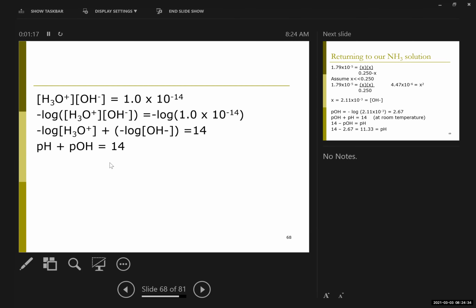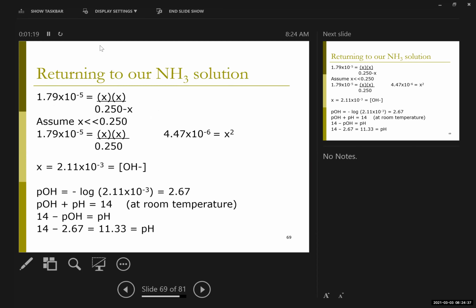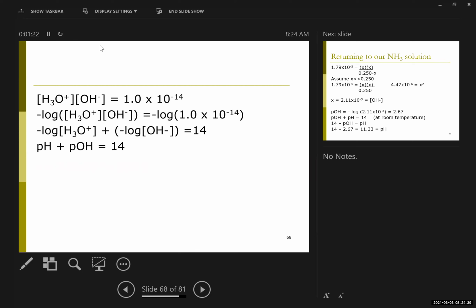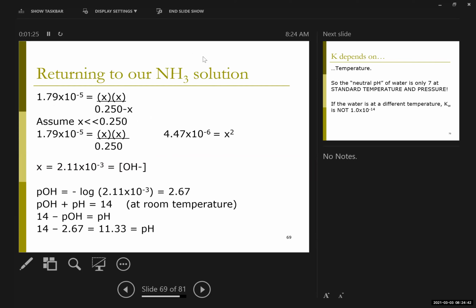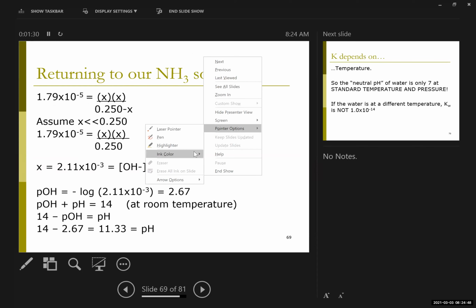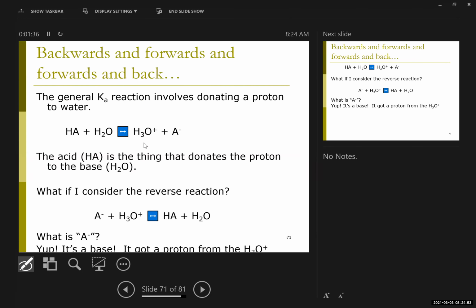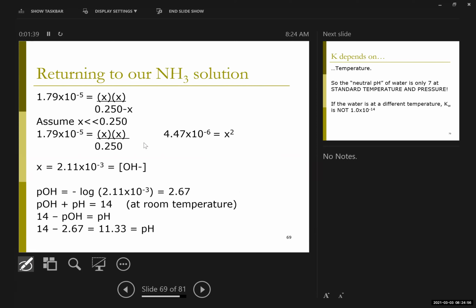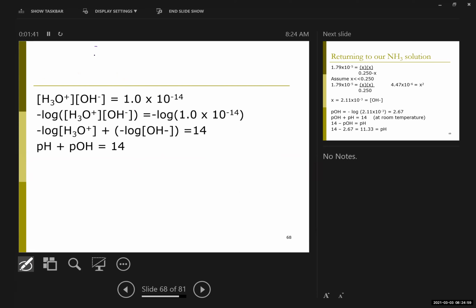That's what I just saw when I did the ice chart, which is my hydroxide was all the way up to 0.00211, which made my hydronium go all the way down to 10 to the minus 12.